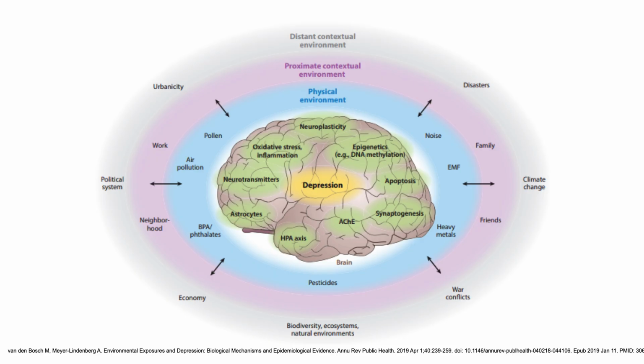And so all these things we have: growing urban environments, political system, economy, biodiverse ecosystems, warring conflicts, climate change, disasters. Those things are happening in our world. And we know, more than ever because we're so made aware of it, those things can cause us to have depression and anxiety because that's an external stressor.